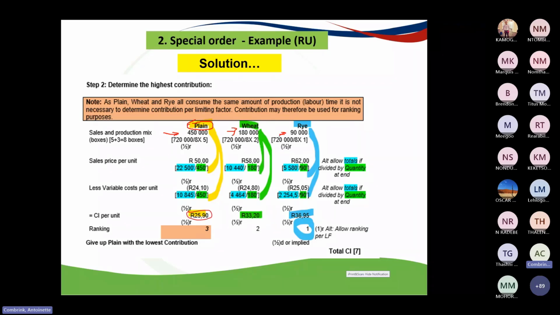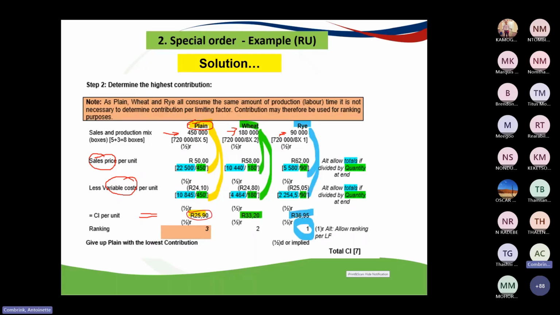So we used that to calculate my sales price per unit, my variable cost per unit, and the difference is my contribution. So if I can ask a student to help me out here and say, which one do you think we should give up? Should we give up plain? Should we give up wheat? Or should we give up rye? A hand or a student maybe saying in the chat.